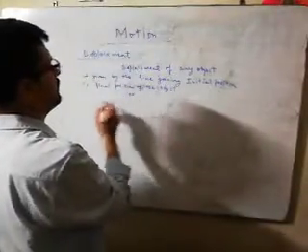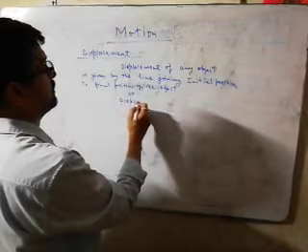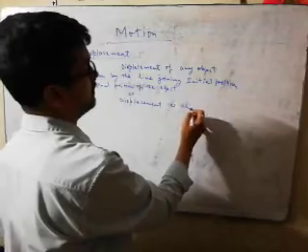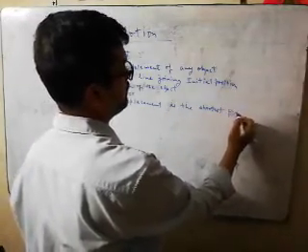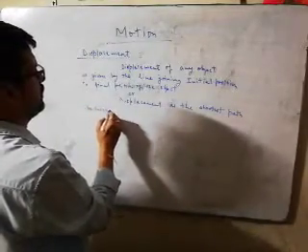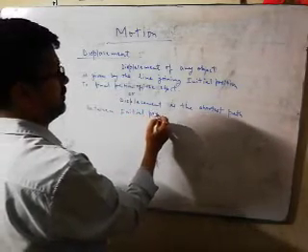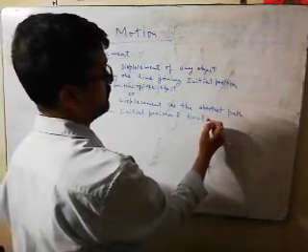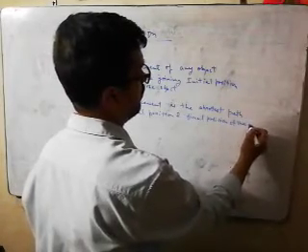Or we can say it is the shortest distance. Displacement is the shortest path between initial position and final position of the object.